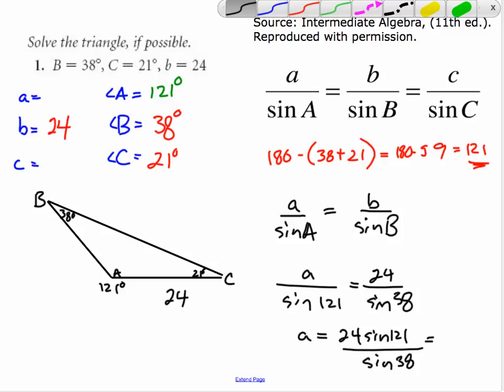Go. There I got a number. 33.4. So side A is 33.4. So this side here, 33.4. Side A, 33.4. And I said it would probably be bigger than this one, so yeah, 33 sounds about right.